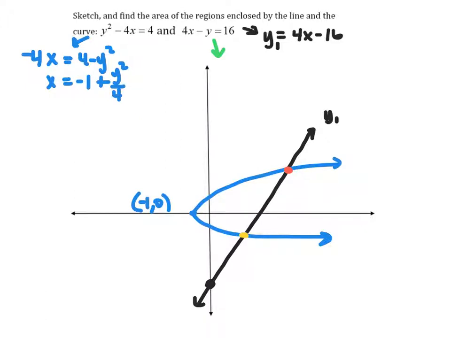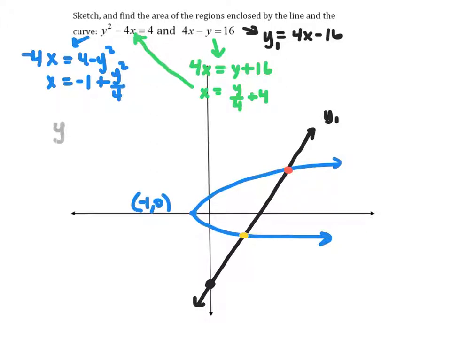So I'm going to solve for x, so that would be 4x equals y plus 16. So x equals y over 4 plus 4. And then what I'm going to do with that is I'm going to plug that in for x over here. Okay, so I'm going to plug it in over there.